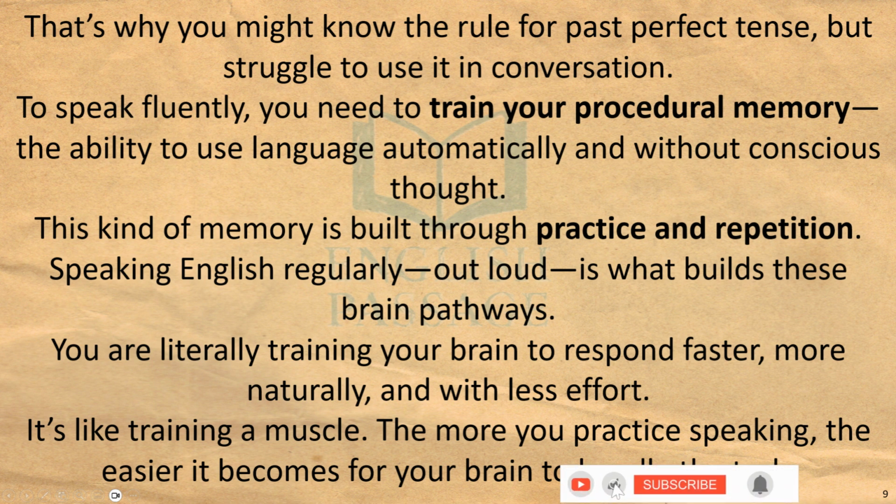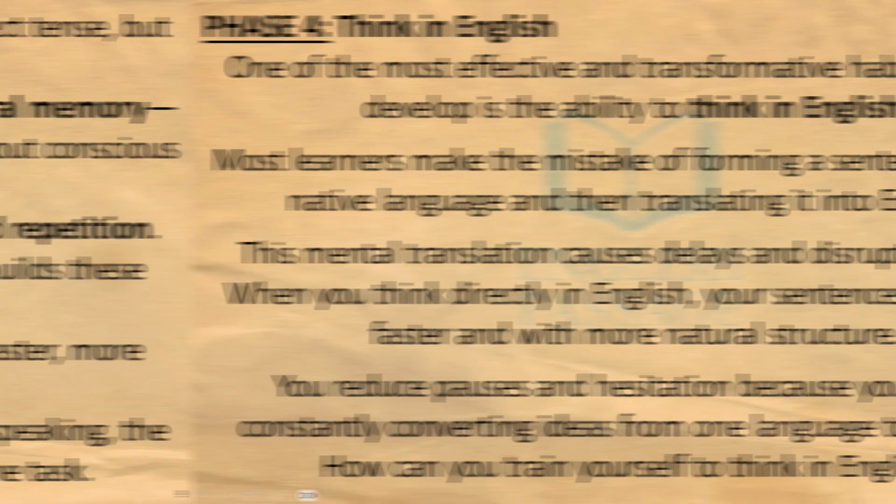Speaking English regularly, out loud, is what builds these brain pathways. You are literally training your brain to respond faster, more naturally, and with less effort. It's like training a muscle. The more you practice speaking, the easier it becomes for your brain to handle the task.